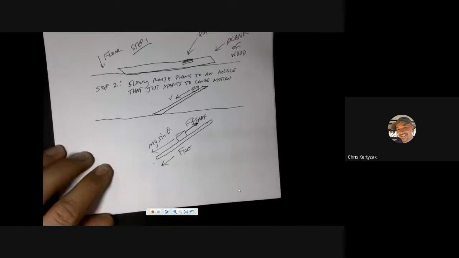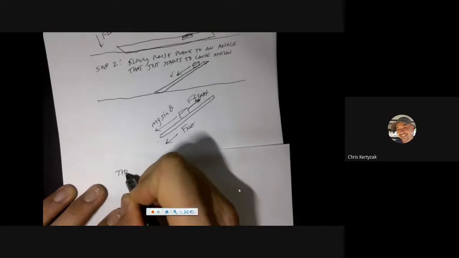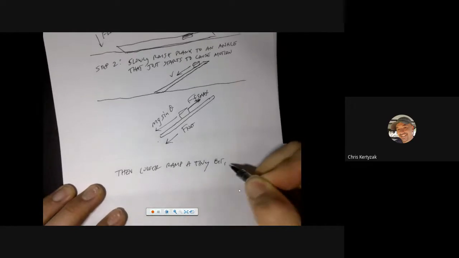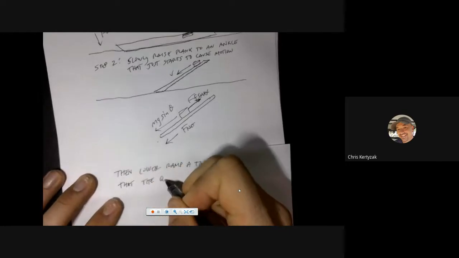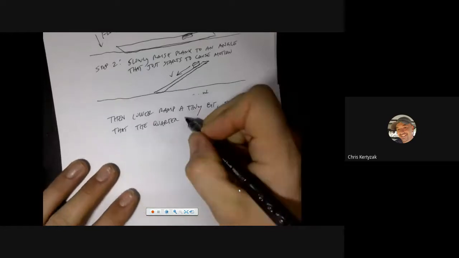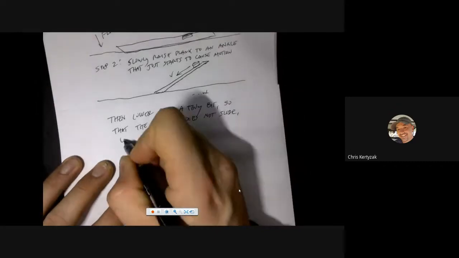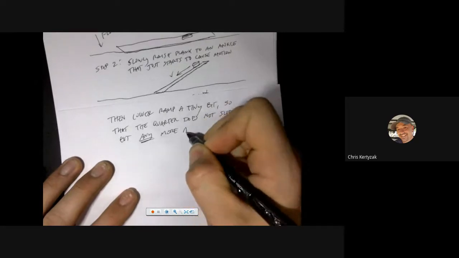Now you would lower your ramp just a little bit. Then you would lower the ramp a tiny bit so that the quarter doesn't slide. The quarter does not slide. But any more angle would cause motion.